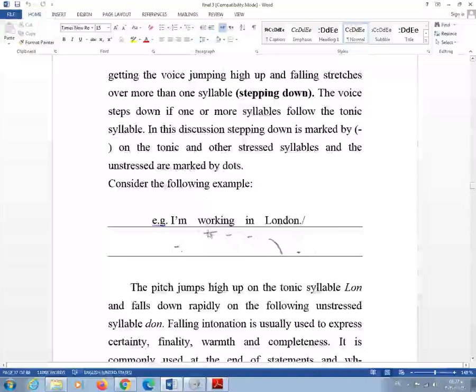The word working has two syllables, work and ing. Work is the stressed syllable and it is the head, as we said before. And in the word London, which is a focus word, lon is the tonic syllable, and as you see, the tone changes and it falls a bit on the word London.